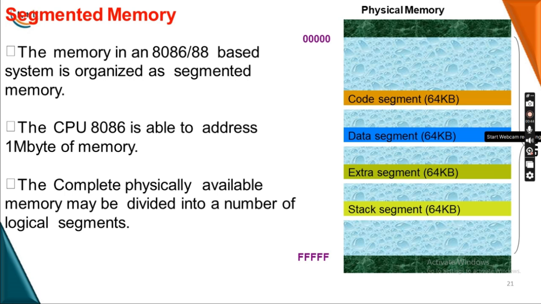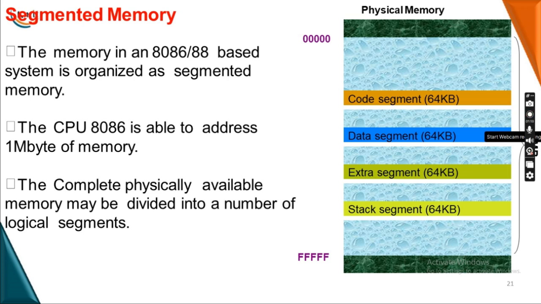The purpose of registers is to store the data. We have 4 different types of registers available in the 8086 microprocessor architecture. The first one is general purpose registers. The second one is pointer and index registers.